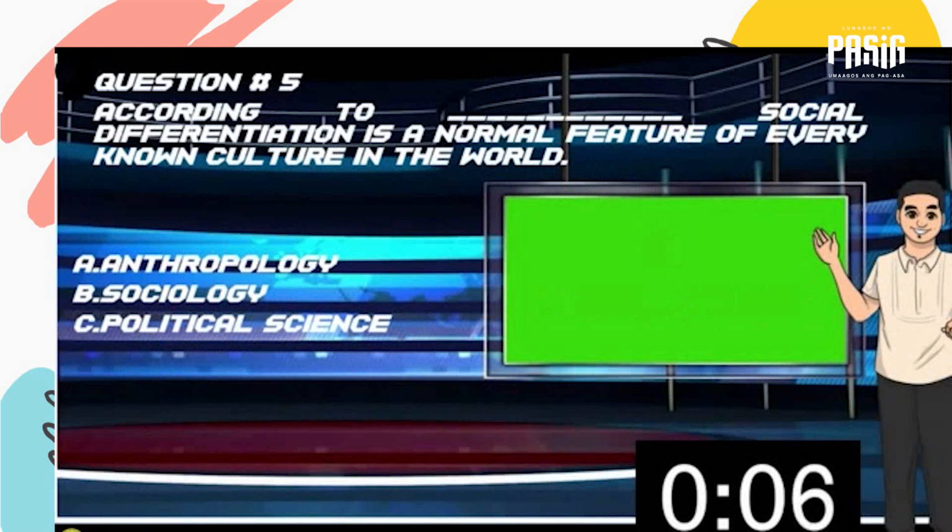According to blank, social differentiation is a normal feature of every known culture in the world. The correct answer is A, anthropology.